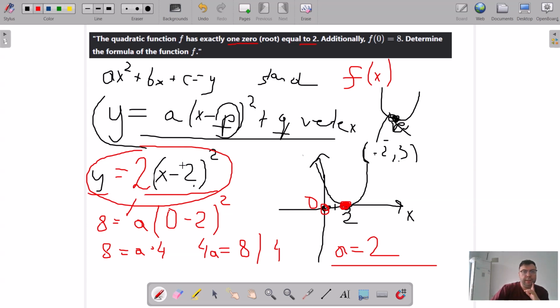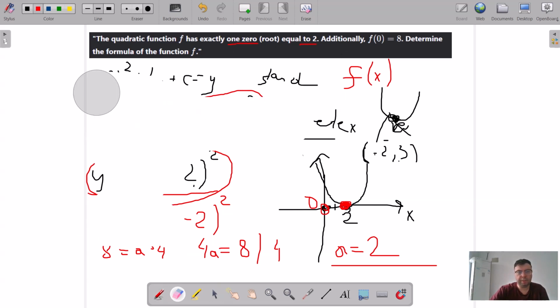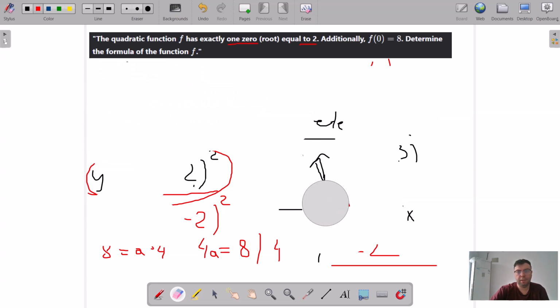We used mathematical modeling to find the solution by knowing the vertex form of the quadratic equation. Now we solve the same problem using the general formula, ax squared plus bx plus c. How to do it? We can also solve it.